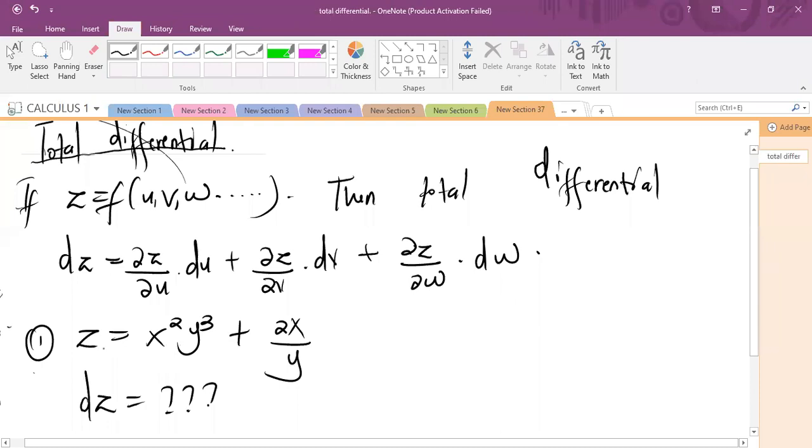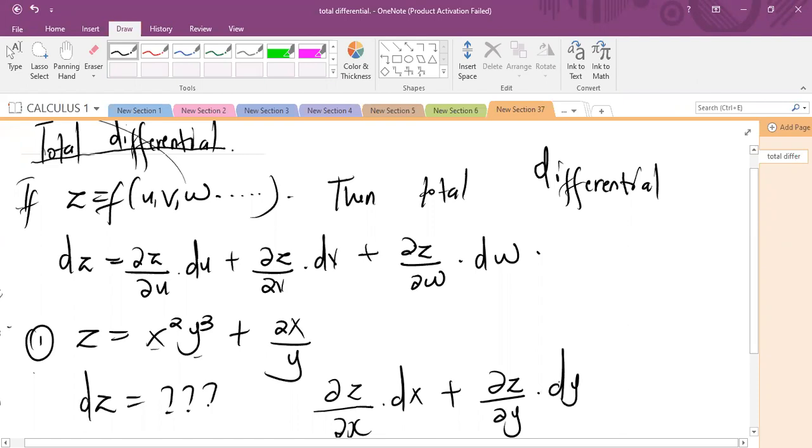First of all, look at z. It is written with respect to two variables, that is x and y. So meaning the total differential will be given by the partial derivative of z with respect to x multiplied by a straight dx plus the partial derivative of z with respect to y multiplied by a straight dy.